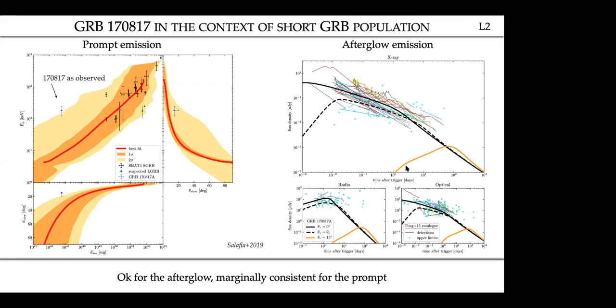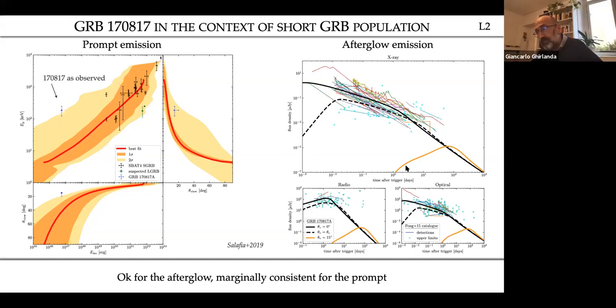Yes, thank you. I would like to ask a question regarding the picture on the right-hand side, the afterglow emission. So you compare the GRB 170817 with respect to the overall population of short gamma-ray bursts, and you demonstrated that if you change your viewing angle to match the jet, then this observation gets closer and closer to the general trends of the ensemble of short GRBs.